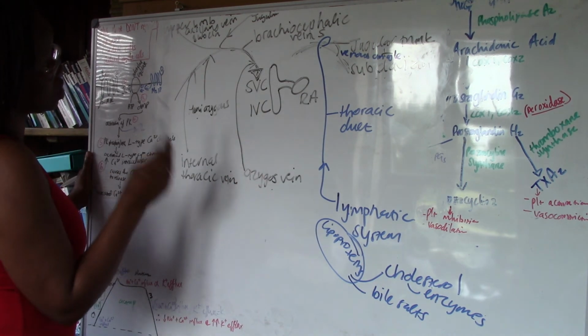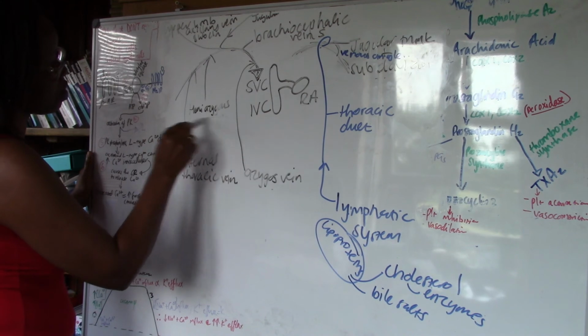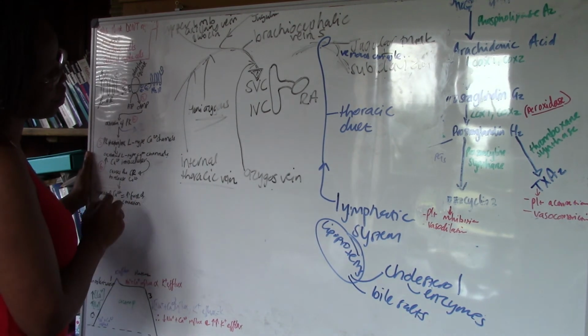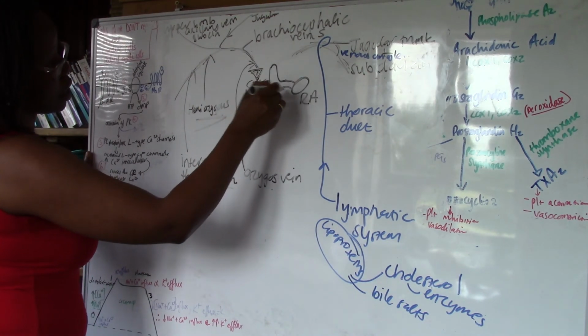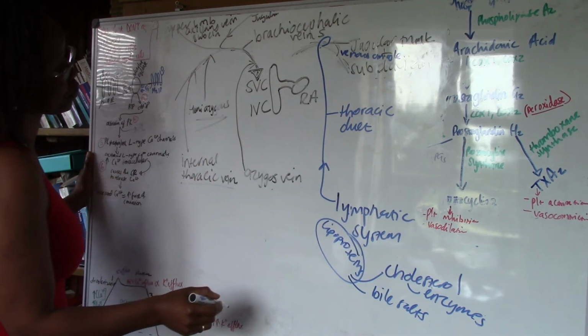It also collects from the hemiazygos and the internal thoracic, collects all of that blood and drains it directly into the SVC.